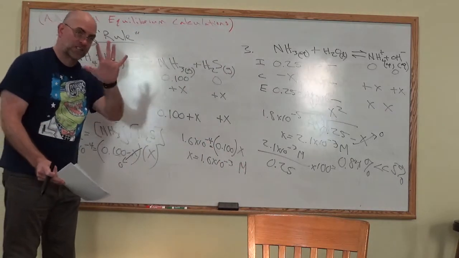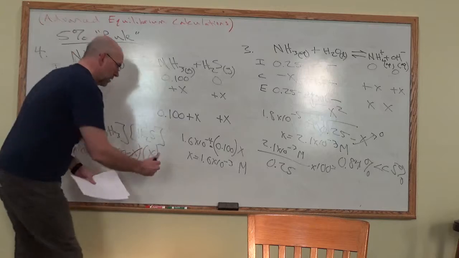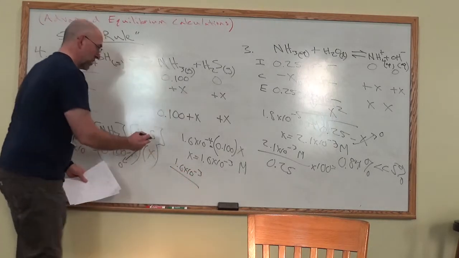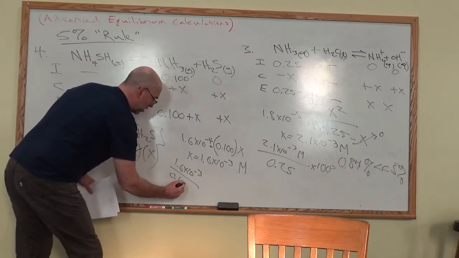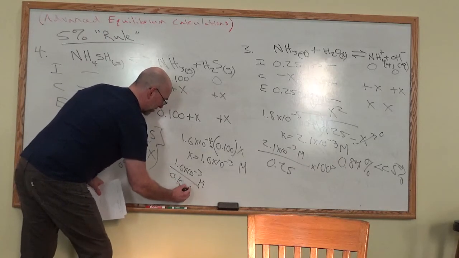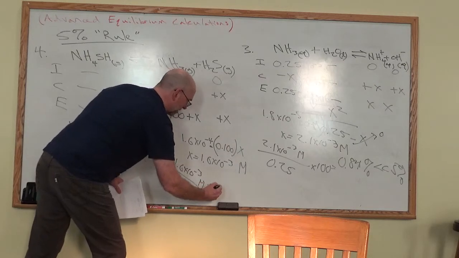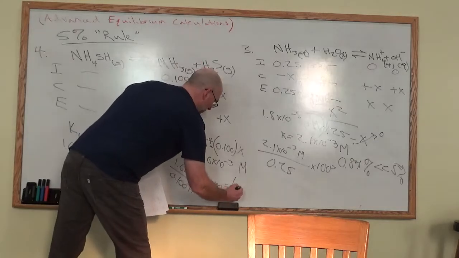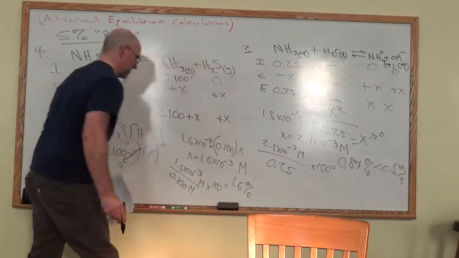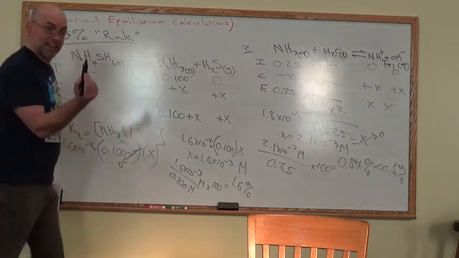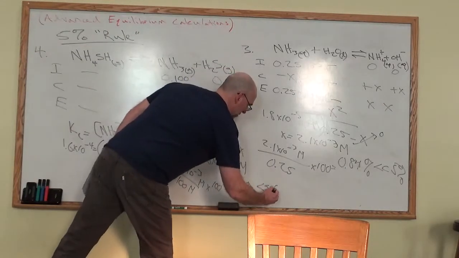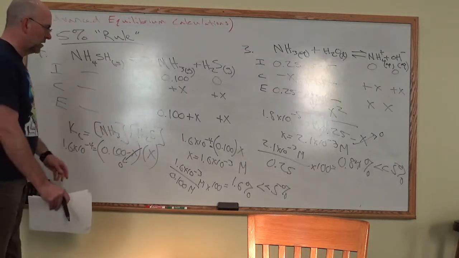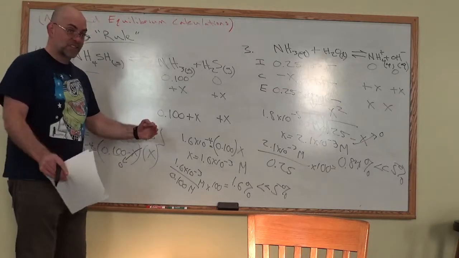Does the 5% rule apply? Well, 1.6 times 10 to the minus third over the initial concentration, 0.100, these are molarities, times 100 equals 1.6%. Well, that's less than 5. Again, 5% is just a rule of thumb. So again, what would the answer to this problem be?